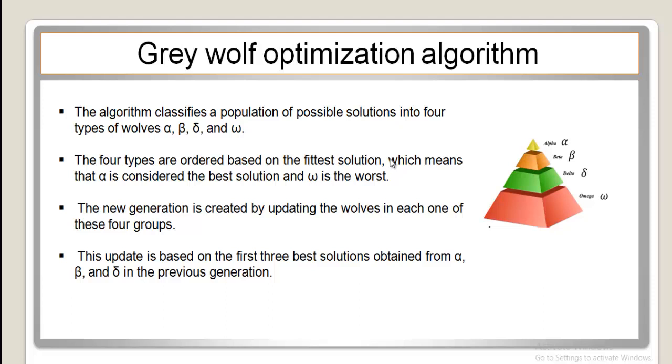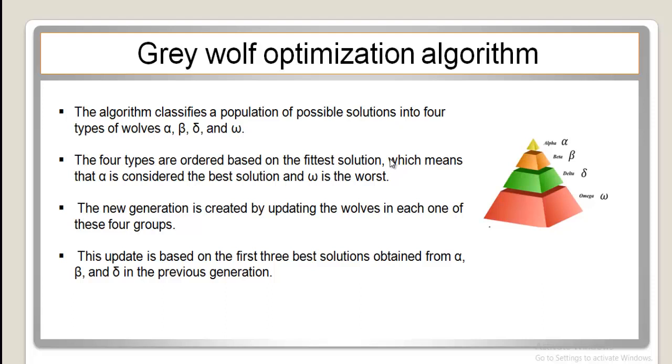As we move to the next generation of solutions, the algorithm updates each group of agents according to those first best solutions. This process is dynamic and continuous in each iteration, with each new generation refining the search for the optimum.